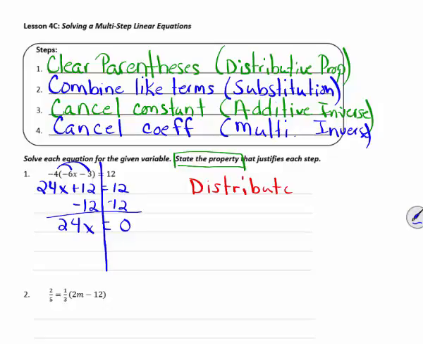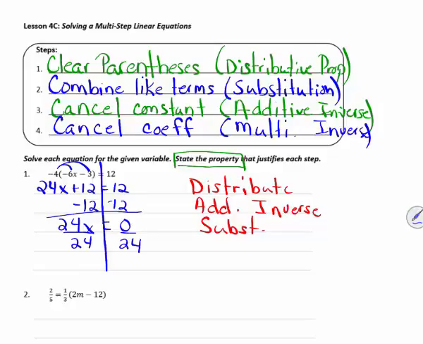Well, I actually just did two properties. The first one, the canceling the 12, is my, excuse me, additive inverse. And anytime you're going to do an additive inverse, your next step is substitution, because you really are combining your like terms. Now I have to cancel the 24x, so I have to divide by 24.